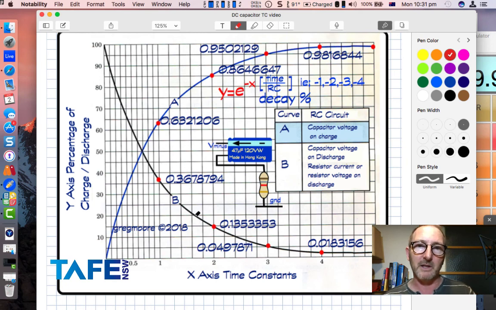And that's where those other numbers come in, the 0.36, the 0.135, the 0.018. So the current slowly goes back down to 0 as the voltage across the capacitor reaches the supply voltage over that 5 time constants.